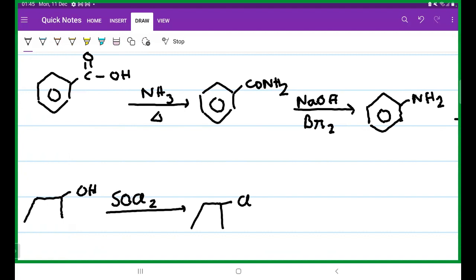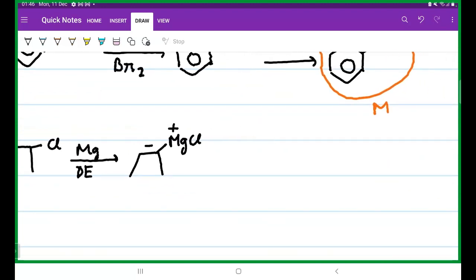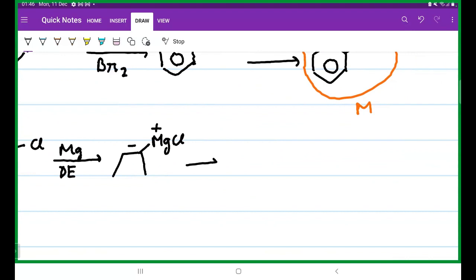All right. After that, Mg, dry ether. This will be formed. A carbanion will be formed.